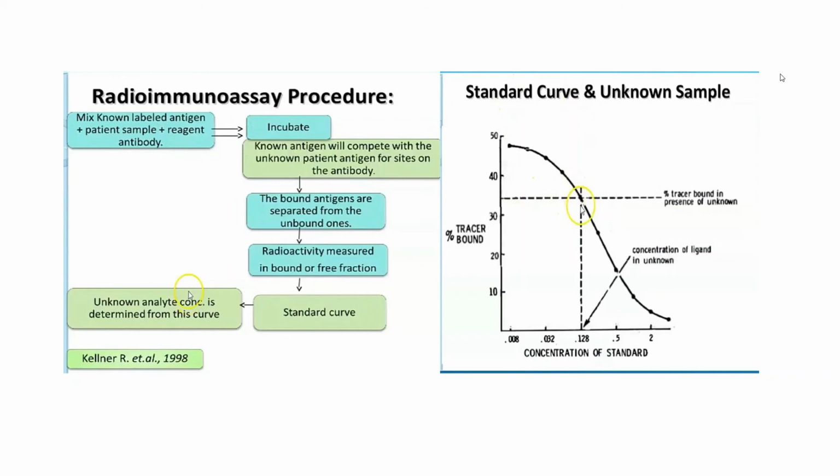The unknown antigen will bind with the antibody, and the labeled antigen will bind in a lesser amount, and this can be calculated, and the standard curve has already been formed, and that will give the unknown concentration of the antigens present in the serum sample. You can see this in the curve which we have mentioned here. By this curve we can calculate the concentration of the unknown antigen.